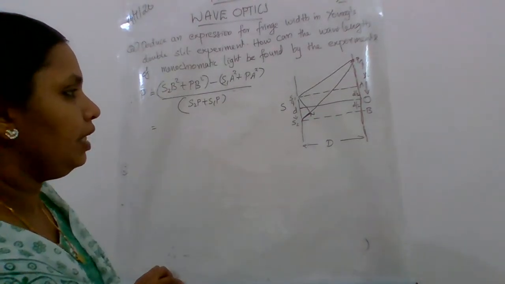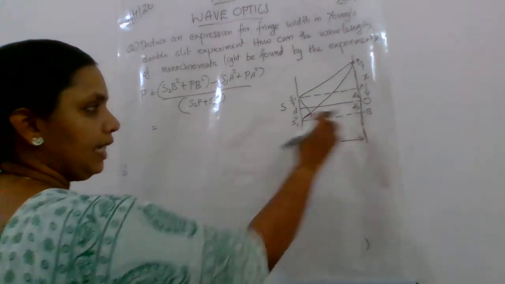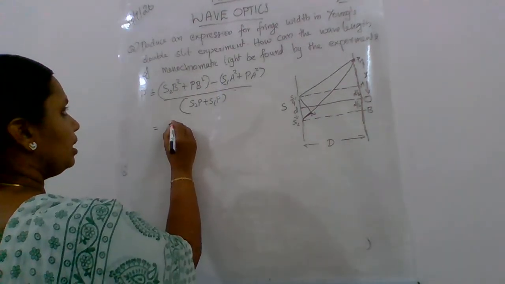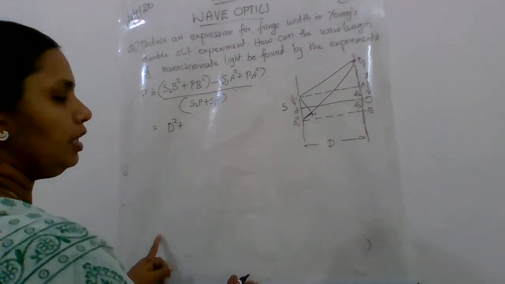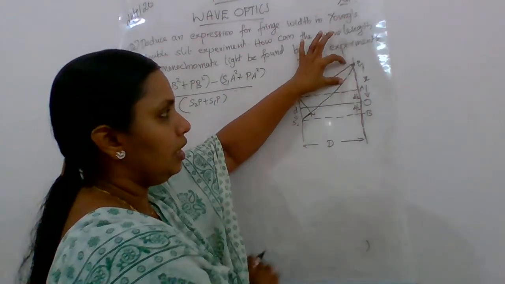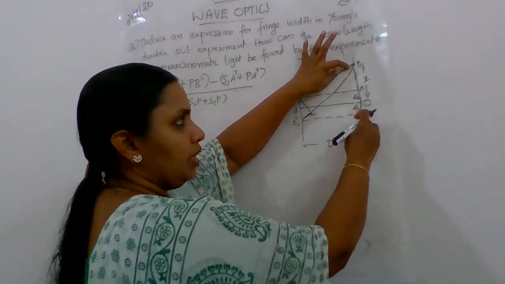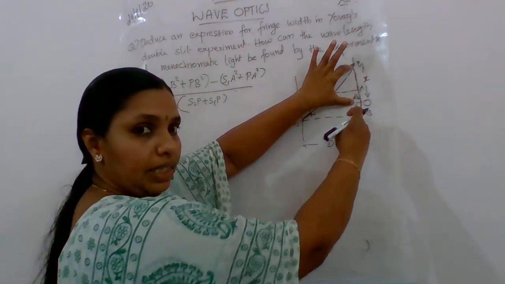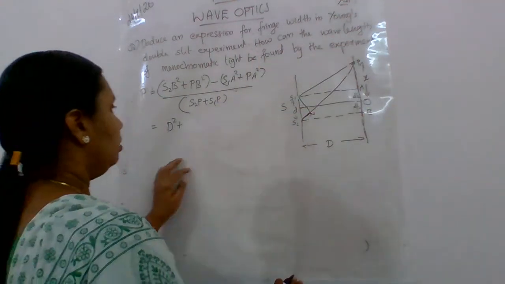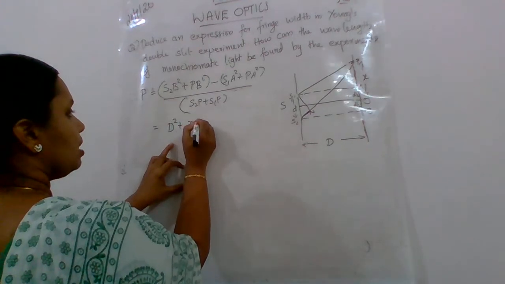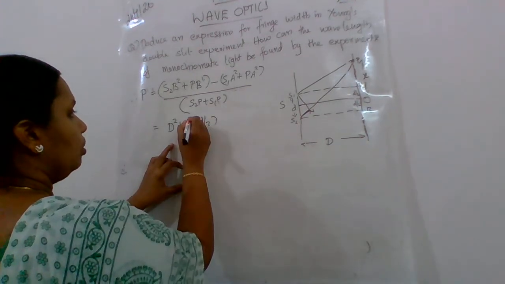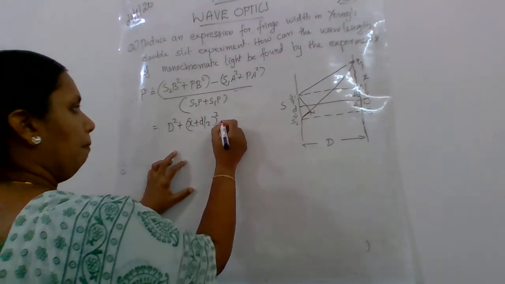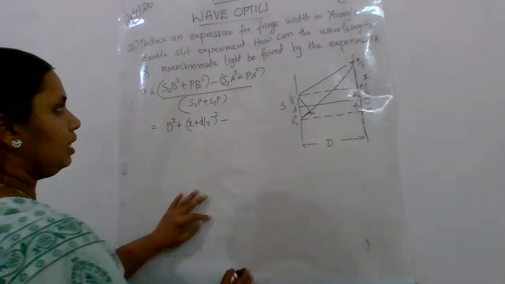What is S2B? S2B is D, isn't it? So D square plus what is PB? PB is the distance from here to here. That is from O it is X and we have to add D by 2 also. So it is X plus D by 2 the whole square minus, I am opening the bracket here itself.